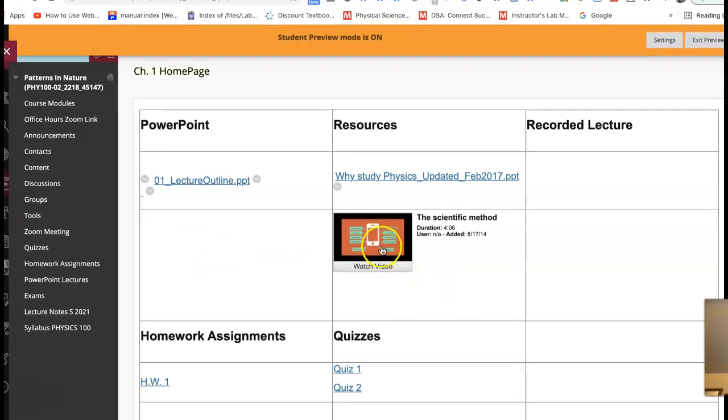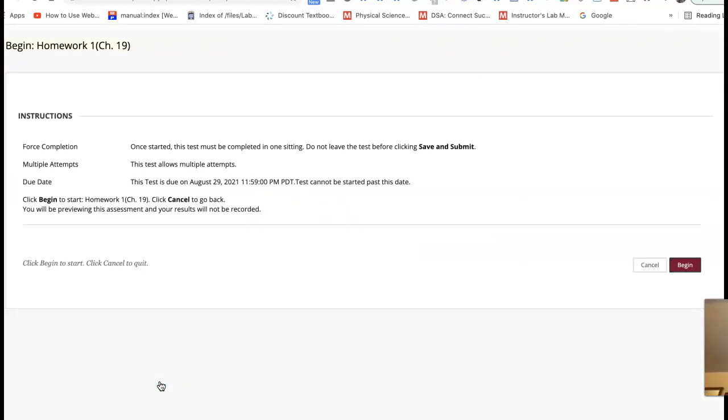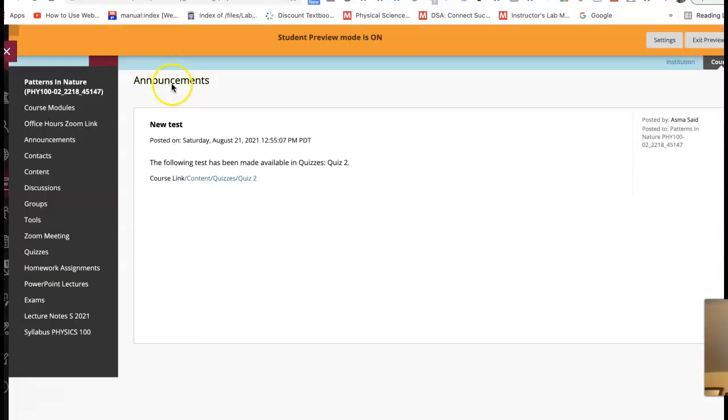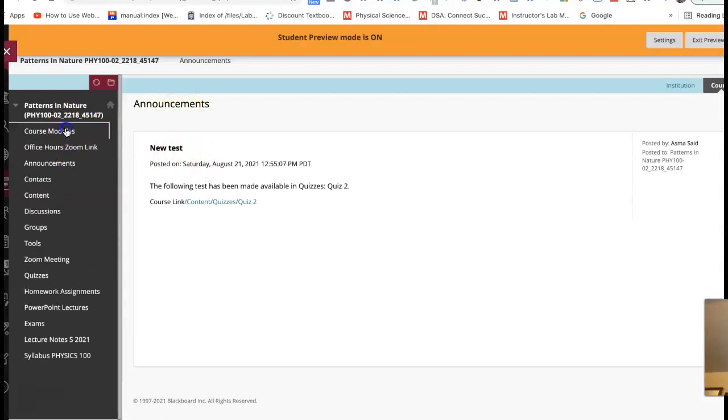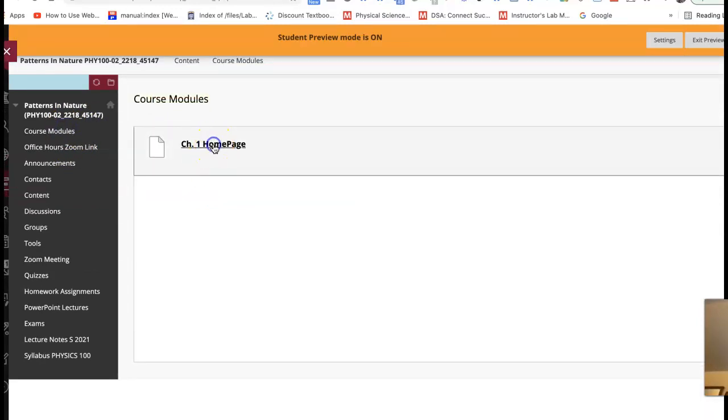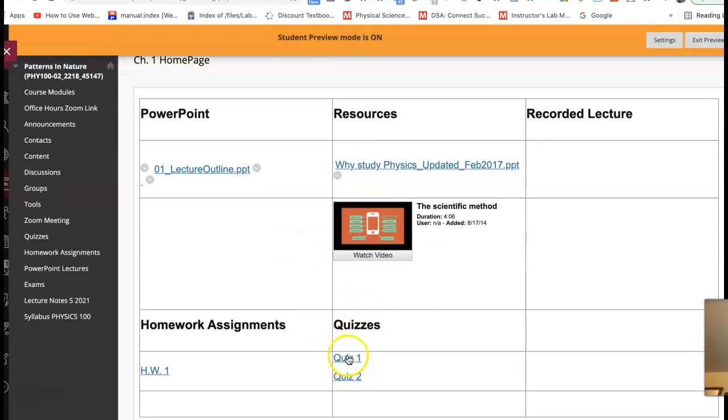Also here, I might include some resources, like here, why we need to study physics. And for example, here is going to be about the scientific method, which is in chapter 1. Here, hopefully, this is going to take you to the link of homework number 1. And the second one, I will go back to the course, and they're going to take you to the quizzes.